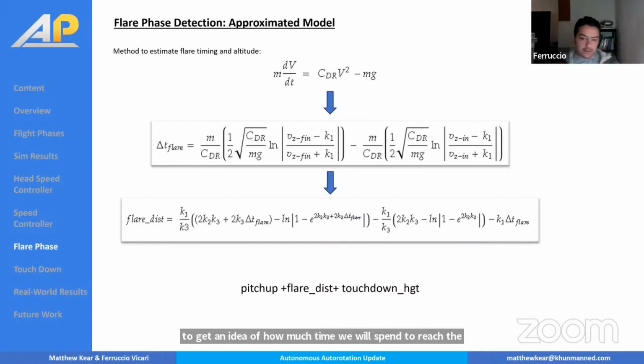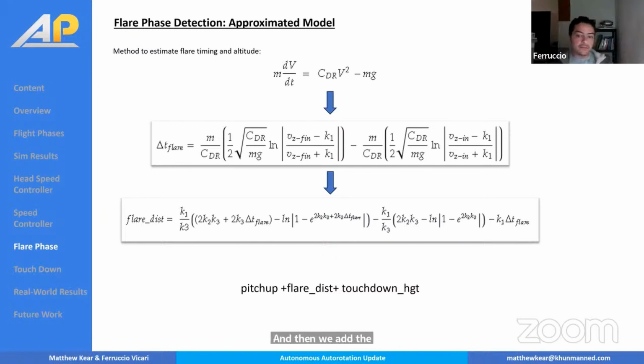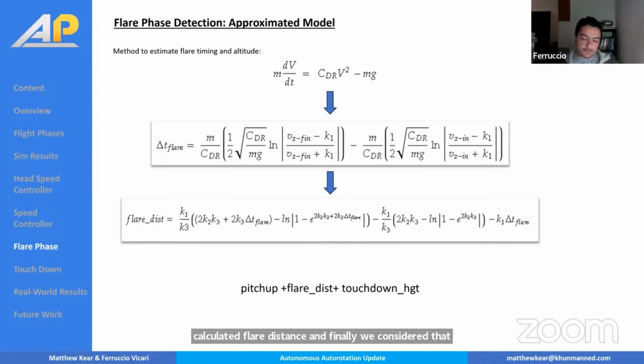And then we add the calculated flare distance. And finally, we consider the time for touching down, which is calculated through a parameter set by the user, which defines how much time window we have to perform the touchdown. Okay, the next one.